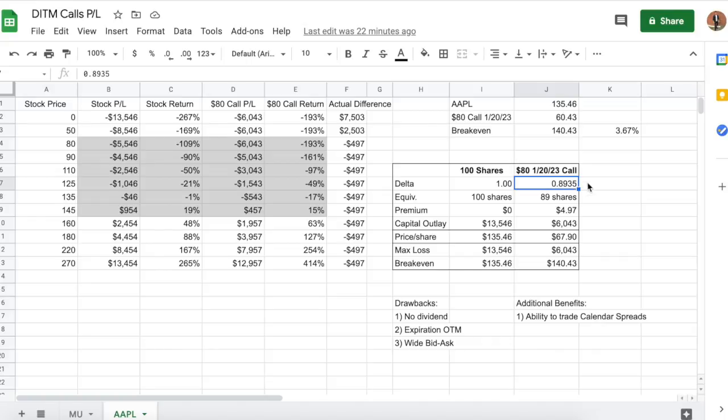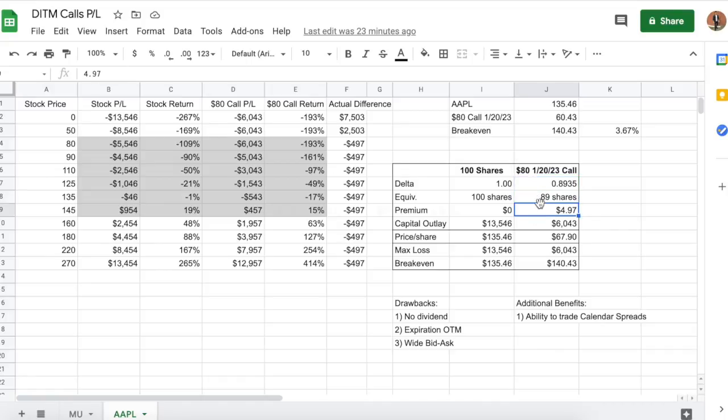If you own this LEAP and Apple went up $1, you would be up $89.35. That is what it is showing. Another way to think about it is this is worth 89 shares. Same thing that I just said, if Apple were to go up $1 per share, our call would increase by $89. So that is just another way to think about delta, is to think about it in the equivalent number of shares.